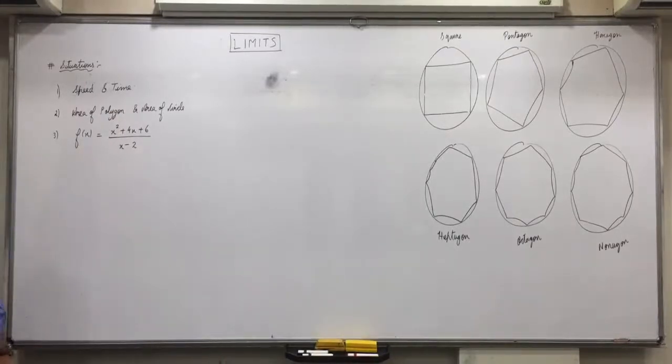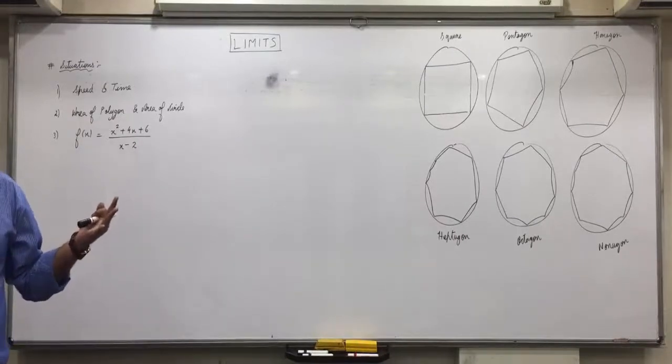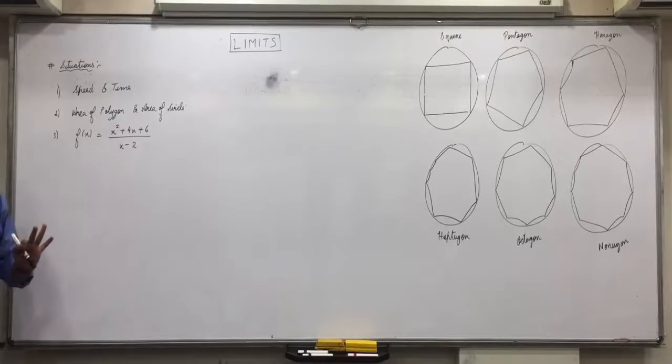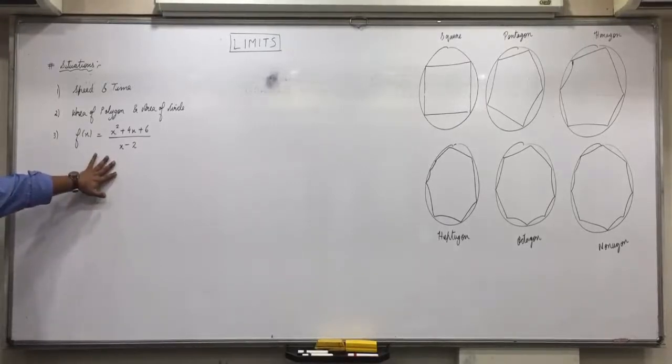Now practically tell me, you put 2 fruits inside, you would get some number of glasses of juice or not? But here, if you put the value 2, you get an indeterminate answer.